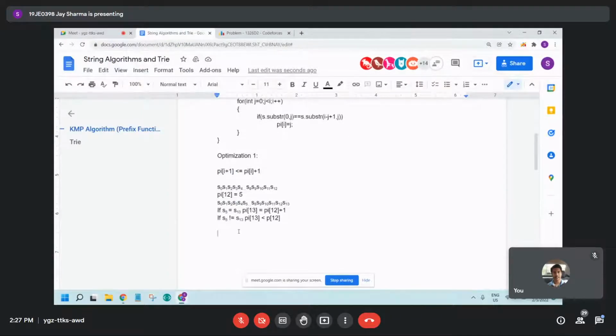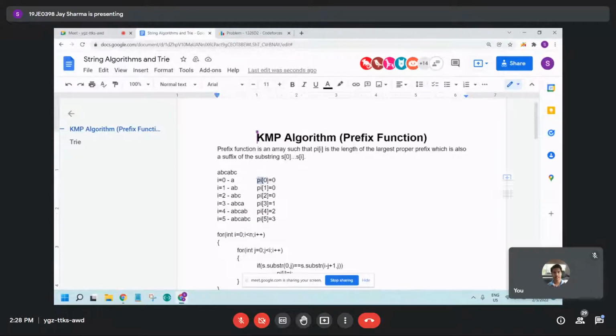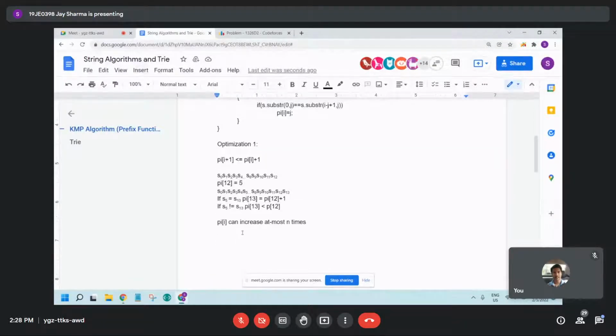So prefix of i can increase at most n times, and secondly, prefix of i cannot be negative. You will also notice that prefix of 0 is always 0.